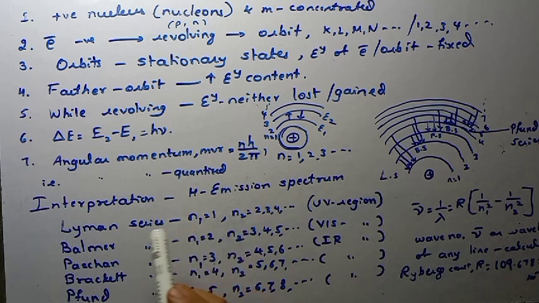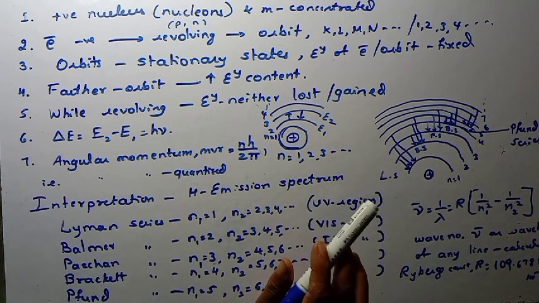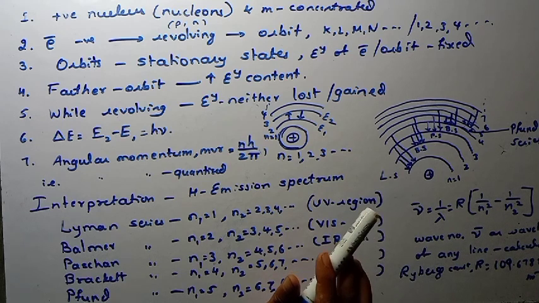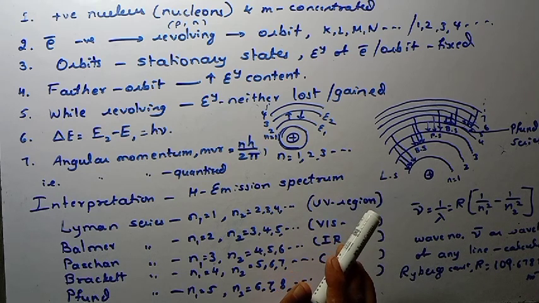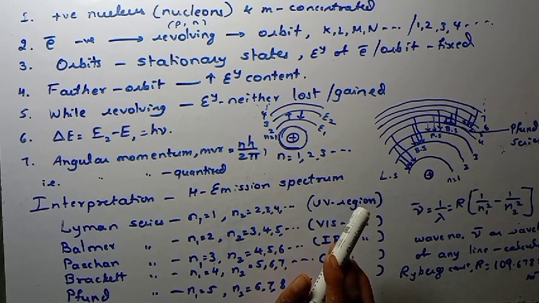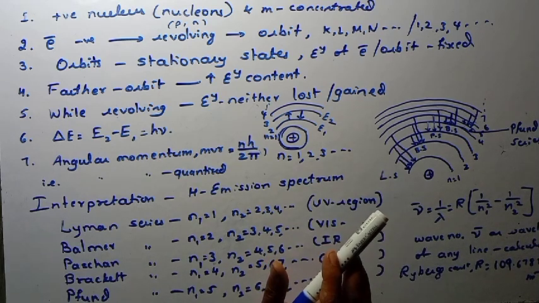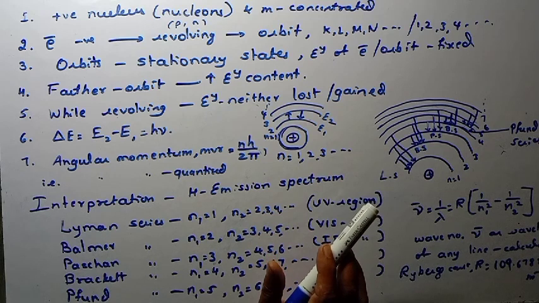There is an experiment in which hydrogen gas at very low pressure is heated by passing electric current in a discharge tube, that is a glass tube, in which hydrogen gas is taken and electricity is passed to heat that hydrogen gas at very low pressure.